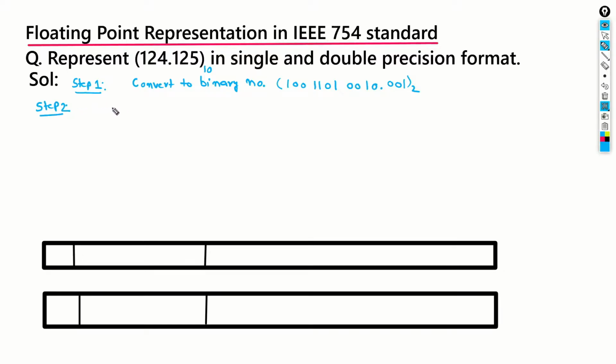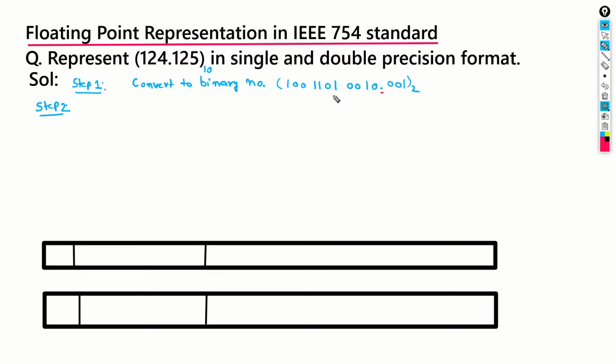And the second step is, after the conversion to the binary number, we have to normalize the number. So what does it mean by normalization? So we see that the decimal point is here. So we will shift the decimal point either right or left so that there is only one digit before the decimal point, and which is 1.